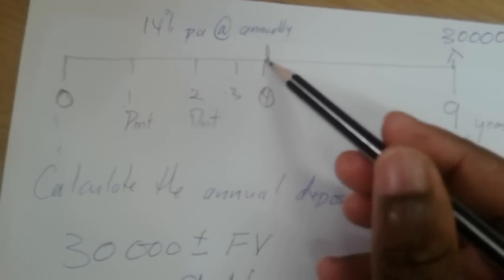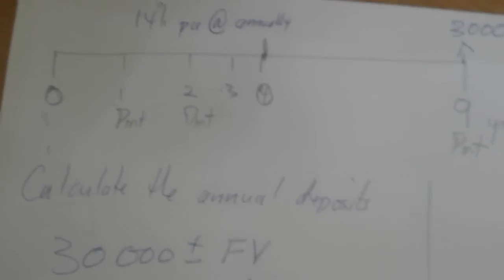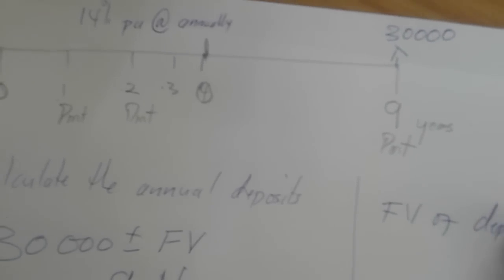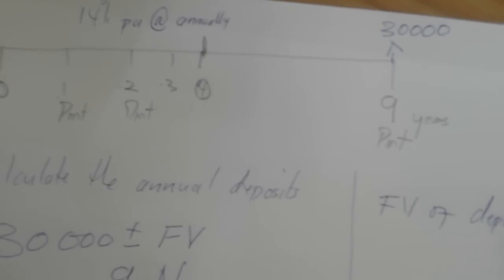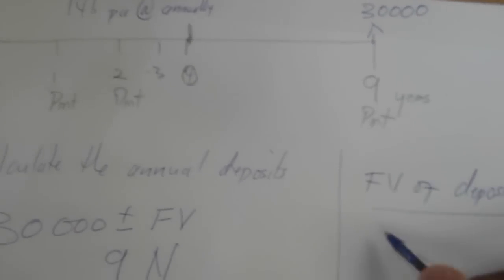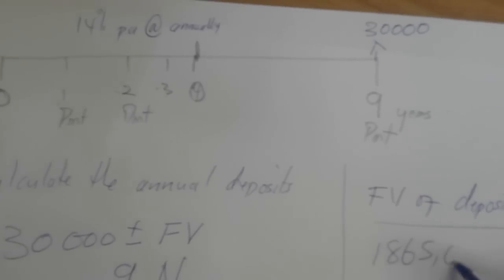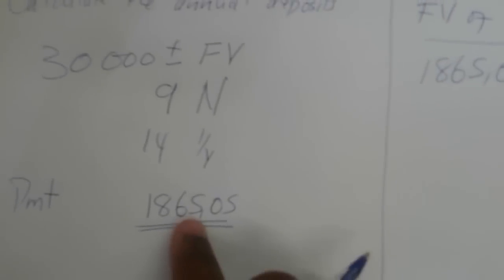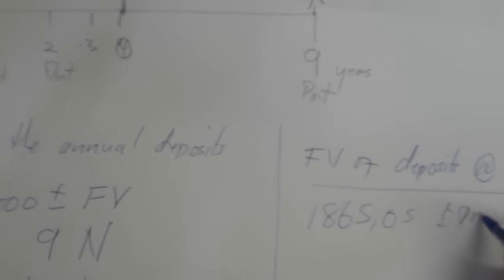Now whenever there's a change, you must ask yourself, what was the balance just before the change? So let's calculate the future value of deposits at the end of year 4. So it's 1,865.05. We now know that this is what the person pays per year. Plus minus PMT.